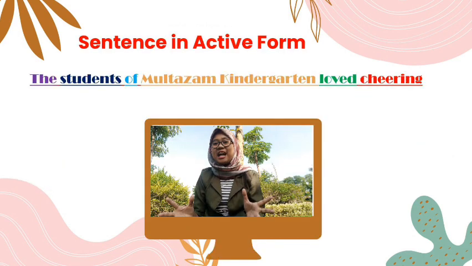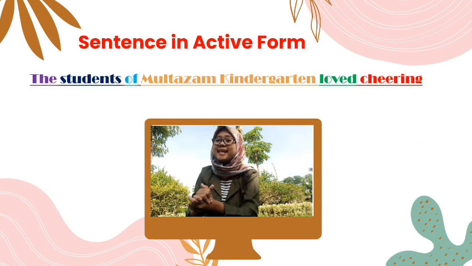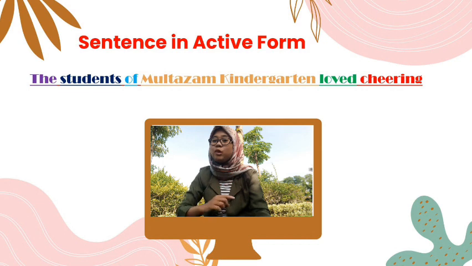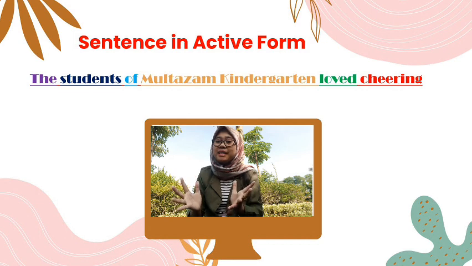The stage where I have simple sentence one as my syntactical analysis using tree diagrams. The sentence is: the students of Multazam Kindergarten loved cheering. Again, the students of Multazam Kindergarten loved cheering. Let's analyze it through tree diagrams.